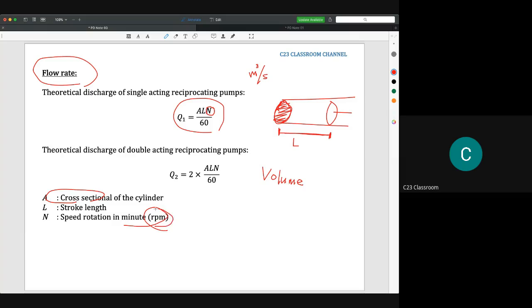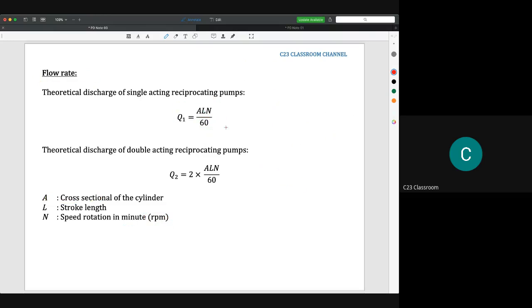Because the unit is per minute, we need to divide the value by 60 to get units of meter cube per second. Please bear in mind that you really understand this equation. If the equation gives you the rotation per second, or revolution per second, there is no need to divide that value by 60. The division by 60 is to make sure that our unit is in meter cube per second.